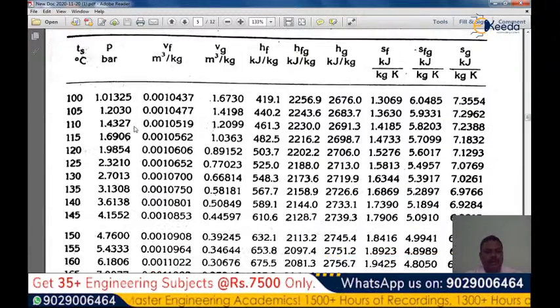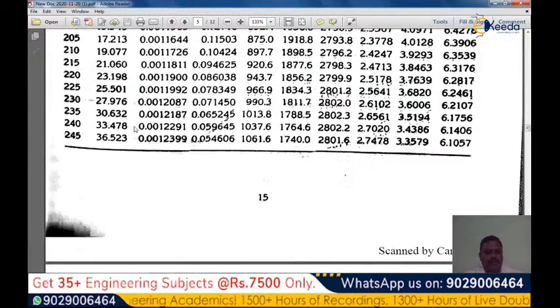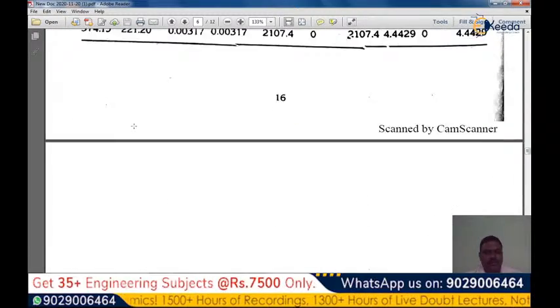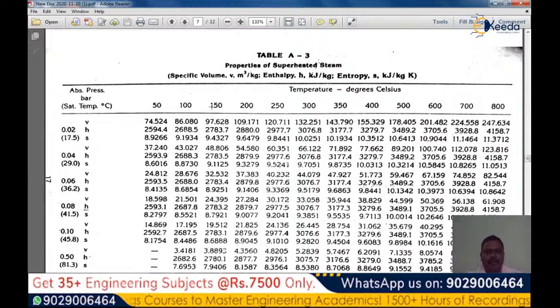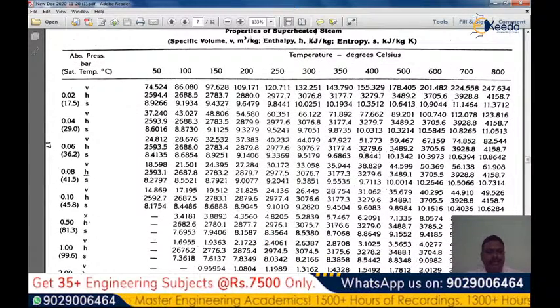And in the next table, see here, we have properties of superheated steam. In the previous two tables, we had property values of saturated liquid and saturated vapor. Here we have data of superheated steam. When heat is added beyond the dry saturated state, we will have superheated steam.